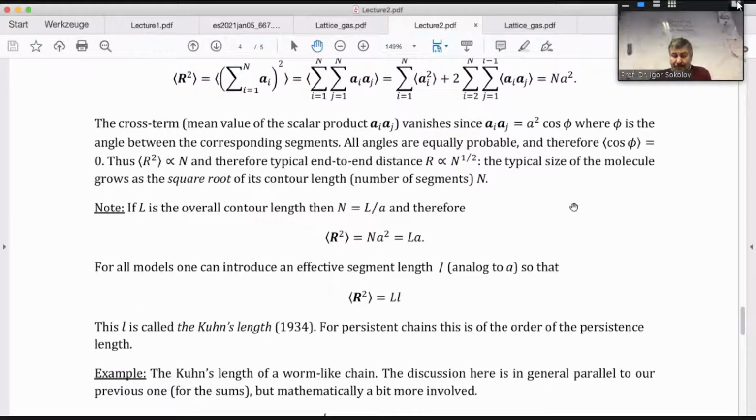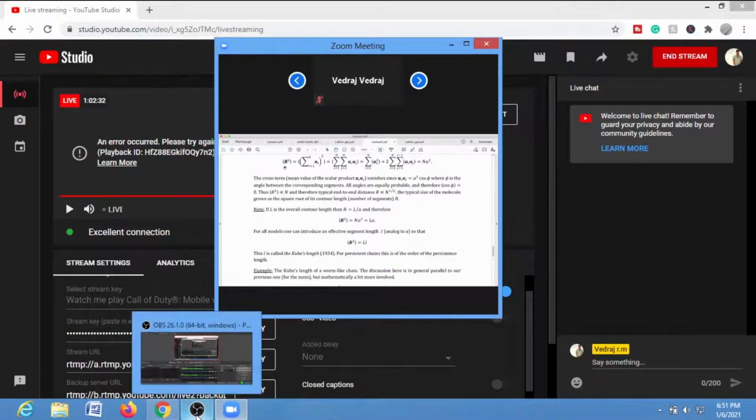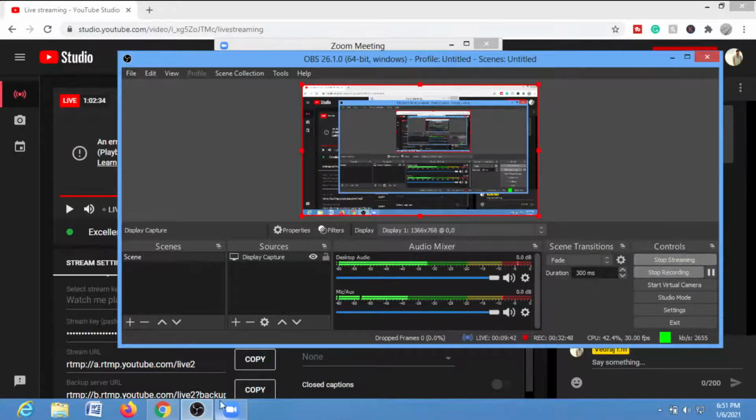Now, this gives me the possibility to tell what this A is. Look, I rewrite this. First, I understand what the square of the end-to-end distance is. I can take a root of this, the root mean square, and this is my estimate of the size of the molecule.